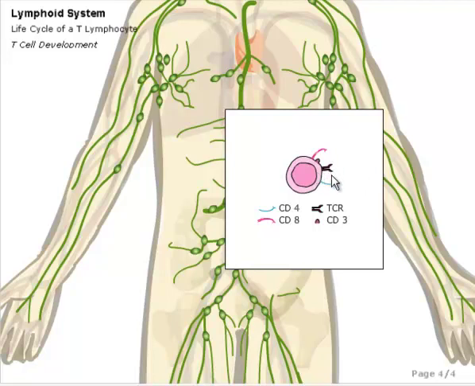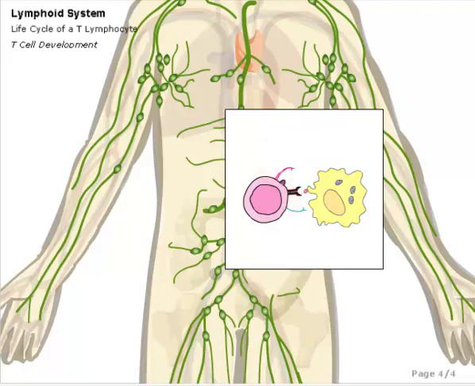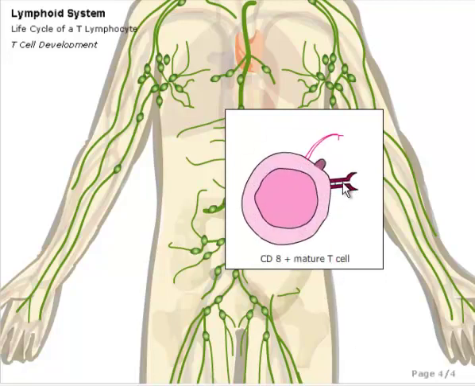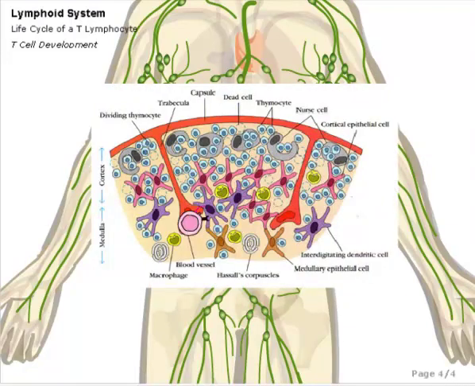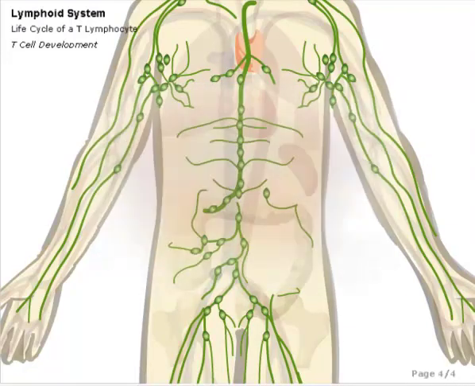And so it helps the T cell recognize the shape of the antigen, and then the T cell can then mature, and in this case it's maturing into a CD8 containing T cell. So the antigen presenting cell binds to the T cell receptor, and you get your mature T cell.